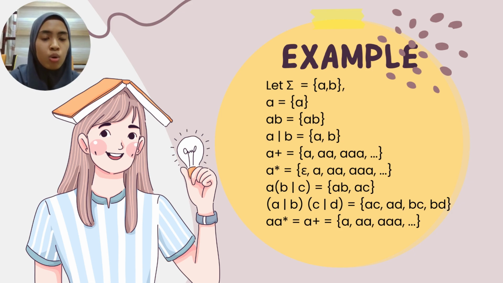Meanwhile, A or B is equal to the set of A, B. Next is A with the symbol of plus. It's equal to the set of A, AA, and so on. Meanwhile, A with the symbol of asterisk is equal to the set the same as A plus, but it also consists of the empty string.